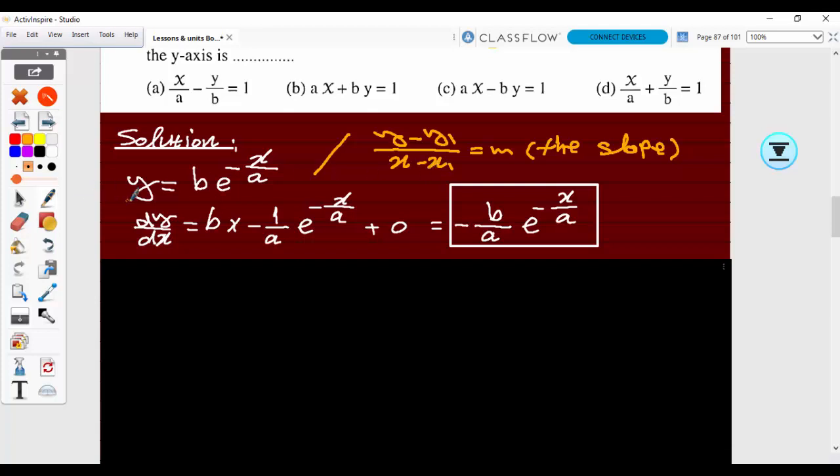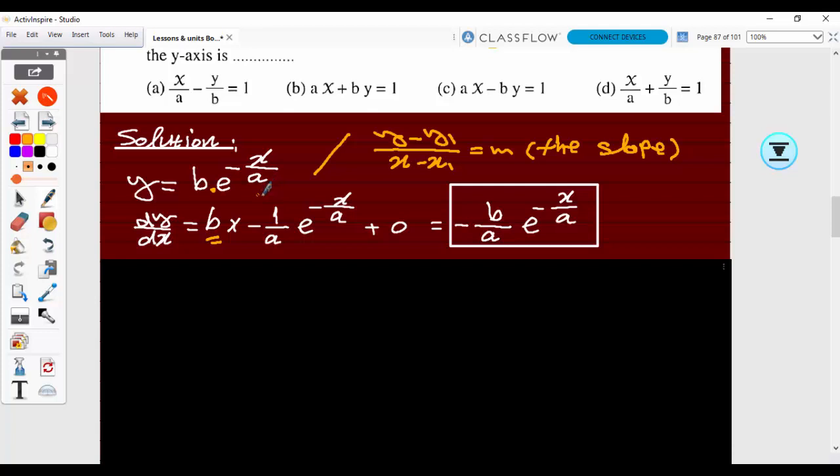So since y equals b dot e power negative x over a, then dy/dx equals the first function multiplied by the derivative of the second. What is the derivative of e power negative x over a?